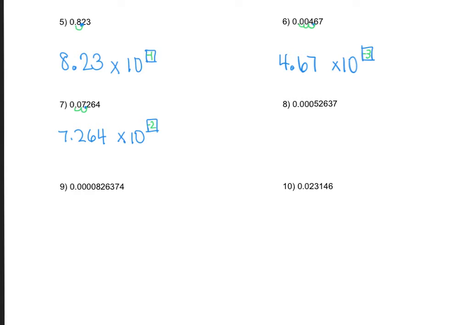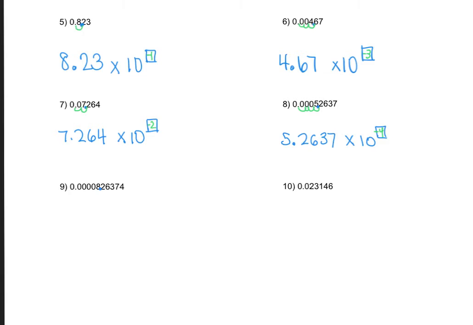Where do I need my decimal here? Between the 5 and the 2 to make 5.2637 times 10 to the what? How many times did I move the decimal? 1, 2, 3, 4. -4 because I'm a small number.